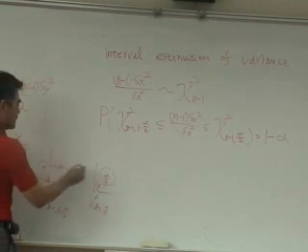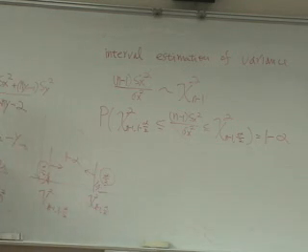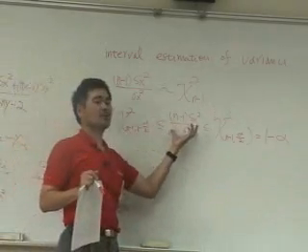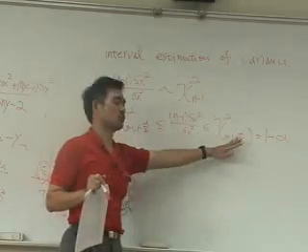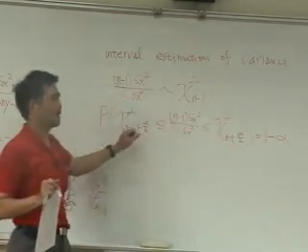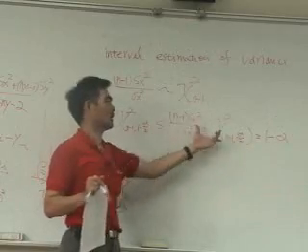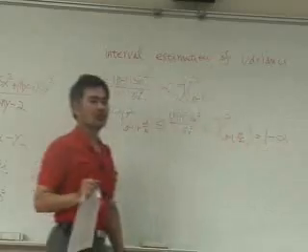What is in between? In between, that is 1 minus alpha, right? So basically, this is the random variable. The random variable is between two values. This is the right-hand value. This is the left-hand value. So this random variable between these two values, the probability is equal to 1 minus alpha.